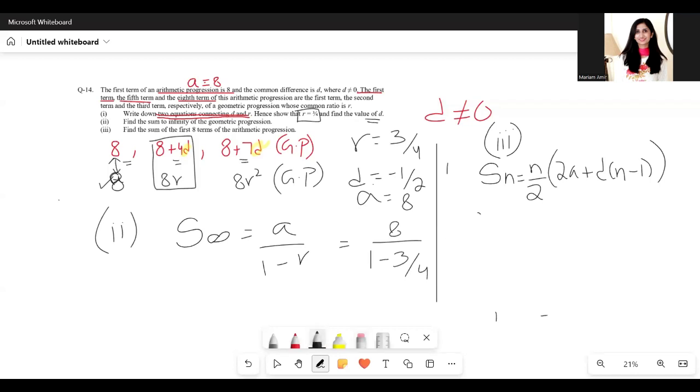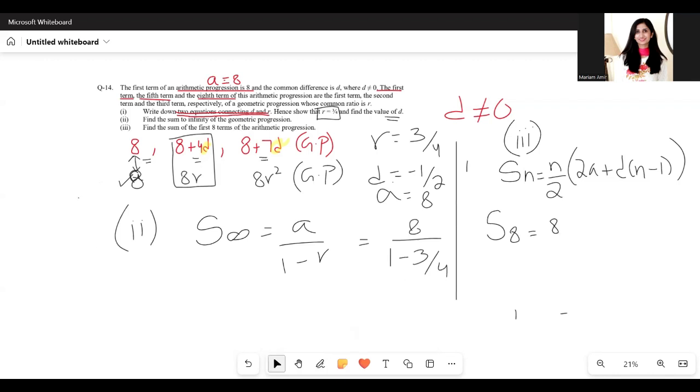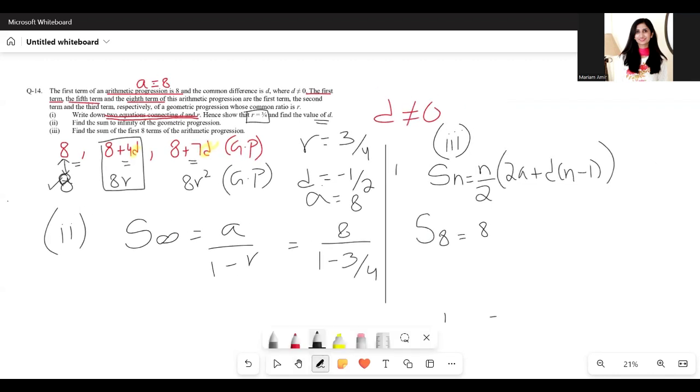Sn would be S8, so 8 over 2 times (2 times A, which is 8, plus D, which came out to be negative half, times n minus 1, which is 8 minus 1, which is 7). Okay, you can solve this on a calculator and you should get S8 equals 50.